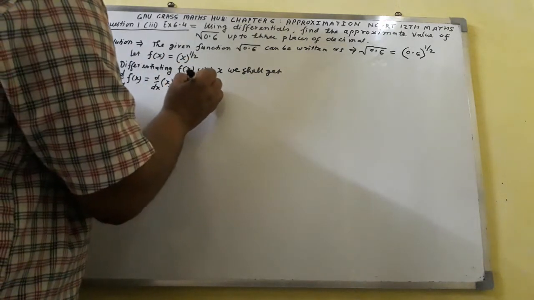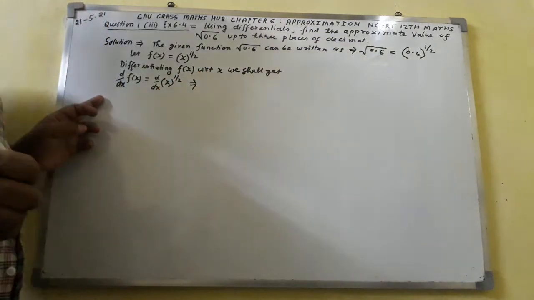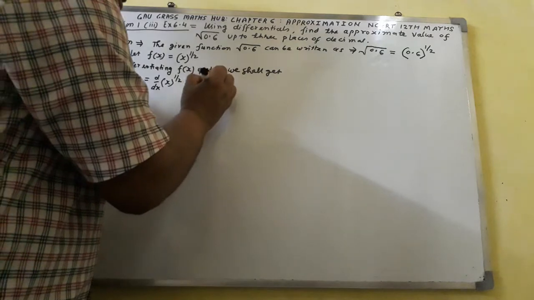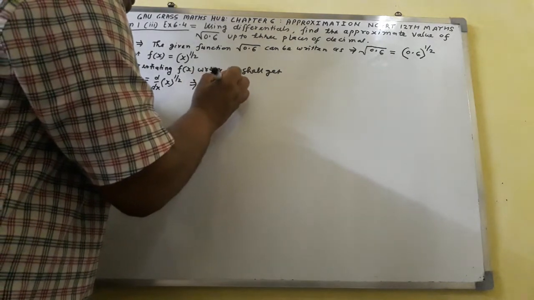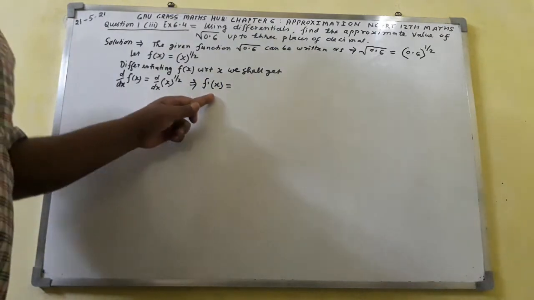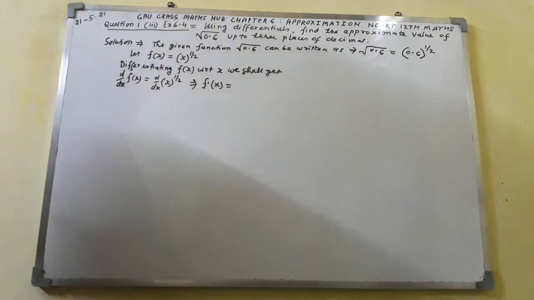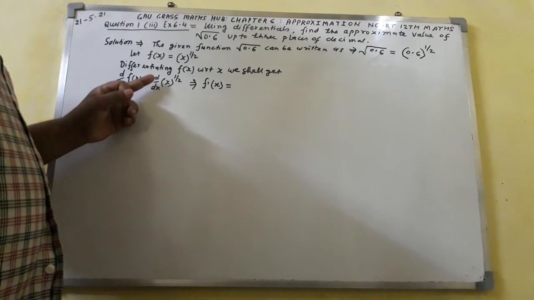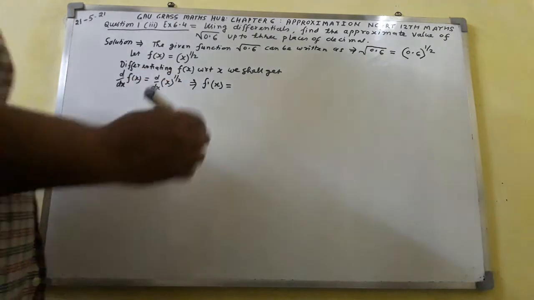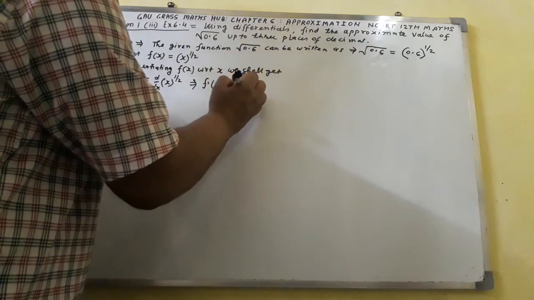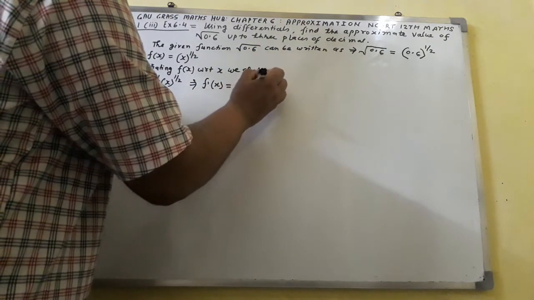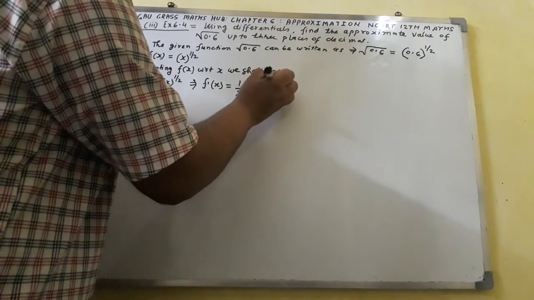Here again I shall write, d over dx of f of x comes out to be f dash of x, where f dash of x is the first order derivative of f of x. This one, d over dx of x raised to the power 1 over 2 can be written as 1 over 2 x raised to the power 1 over 2 minus 1.